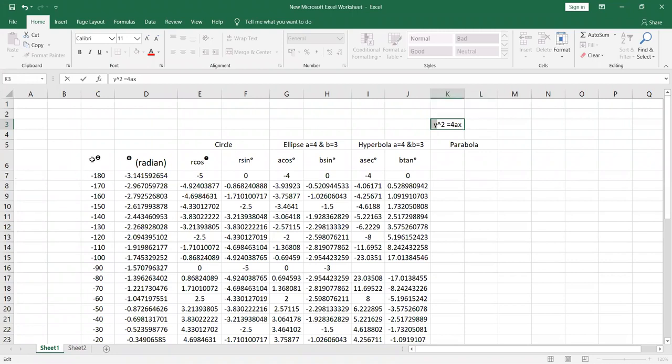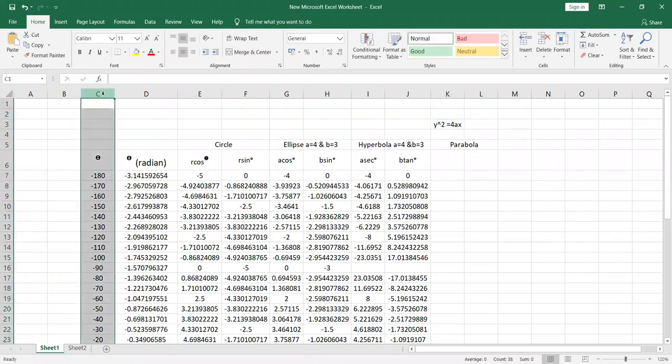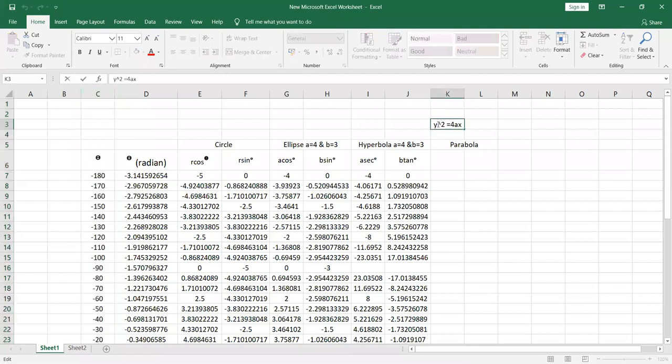So by using that, we have to calculate the value along x-axis. We have to take theta, the values of theta in degree, and we have to put that value along y-axis. So as we know the value of y-axis, we have to calculate the value of x-axis. In this case, theta is y. So theta square is equal to 4ax.